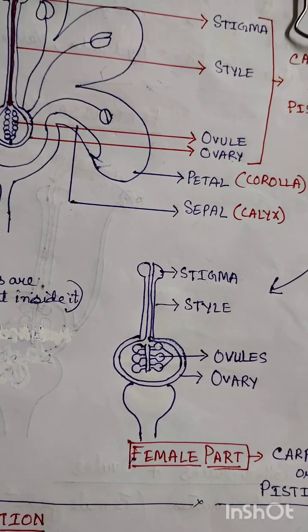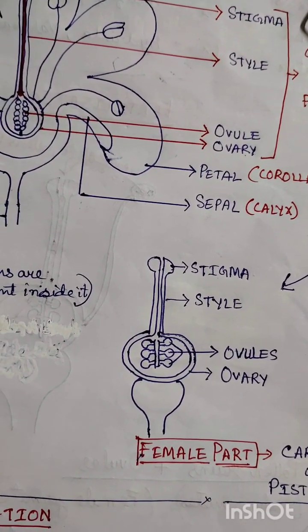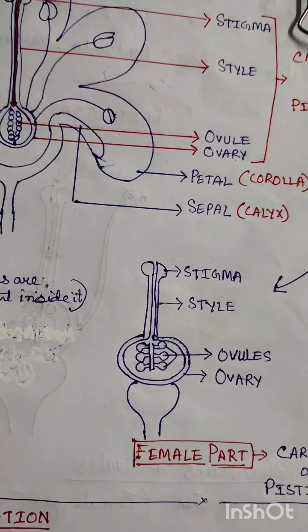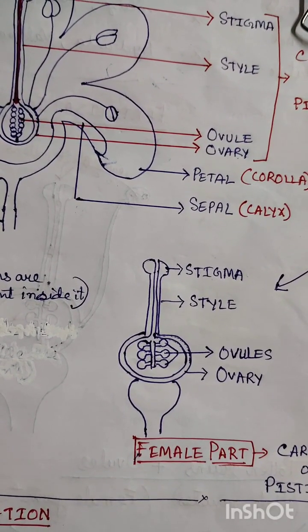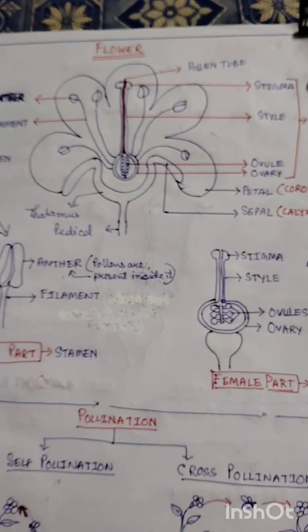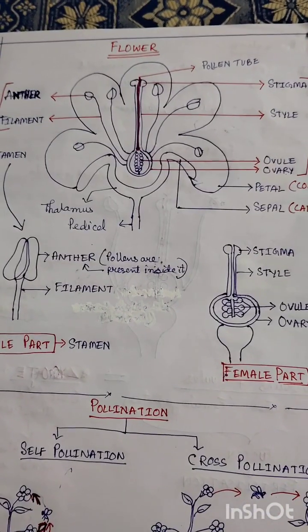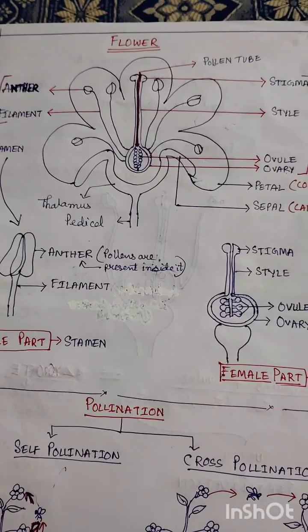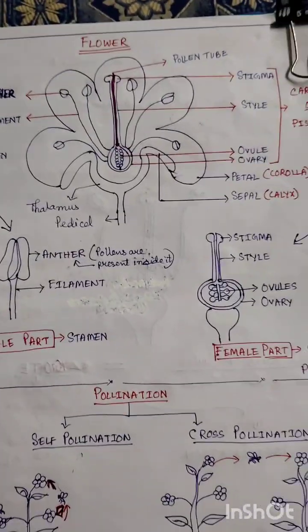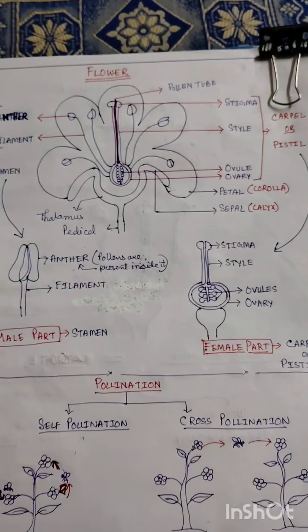And you have to give some examples also. In case of complete flowers, we have examples like rose, lilies, hibiscus, etc. In case of unisexual flowers, we have examples like watermelon, cucumber, papaya, etc. Okay, this is the whole flower portion.